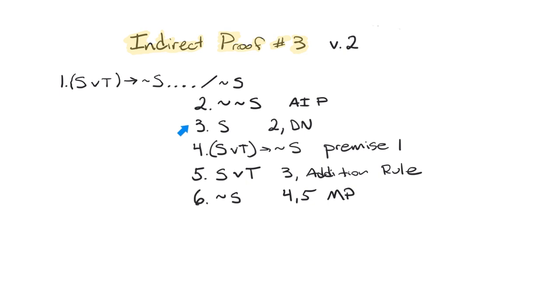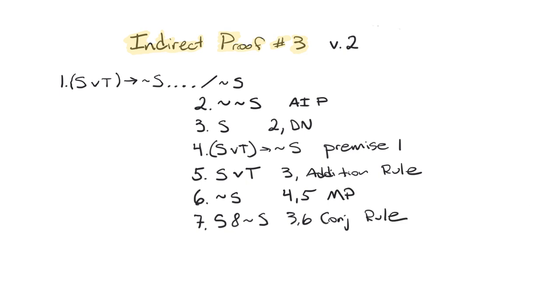So lines 3 and 6 entail that direct contradiction. We'll use the conjunction rule to combine S from line 3 and tilde S from line 6 to demonstrate that direct contradiction.